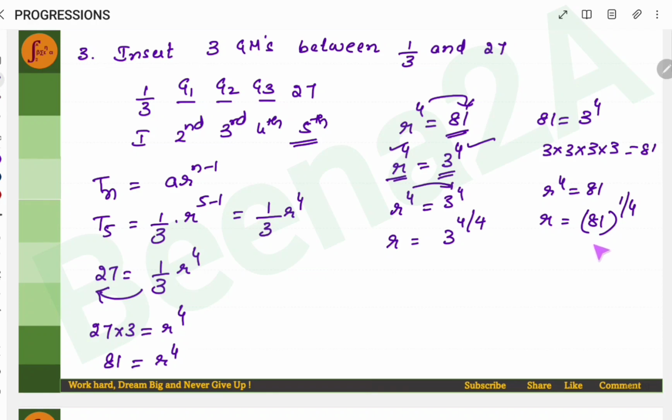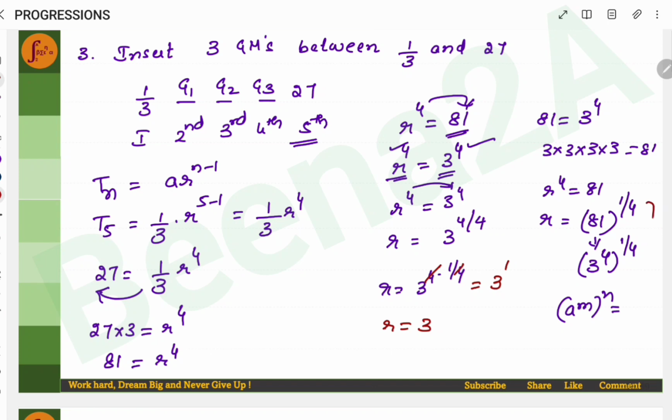So now instead of 81, I write it as 3 to the power 4, because 3 to the 4 is 81. And then I have 1 by 4. Now, again, as per theory of indices, I can multiply the powers. So I can multiply 3 to the 4 into 1 by 4. 4 and 4 will get cancelled. I'll be left with 3 to the power 1, which is nothing but r is equal to 3.